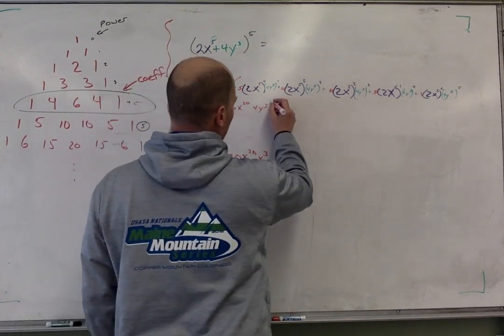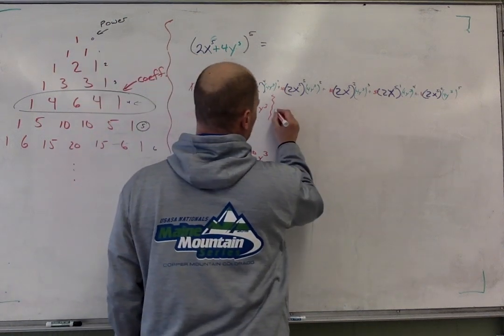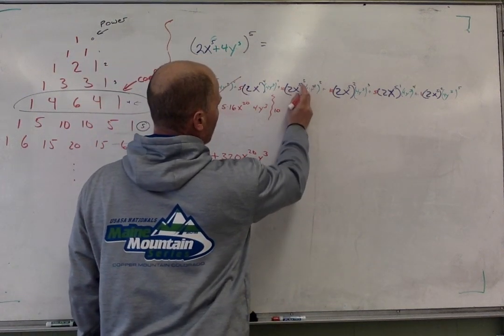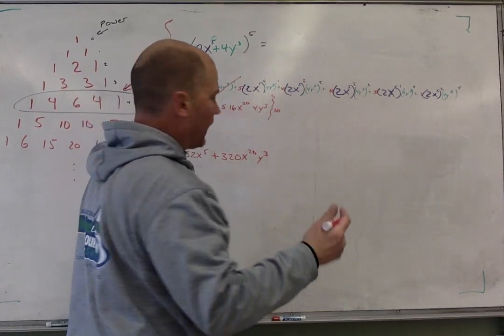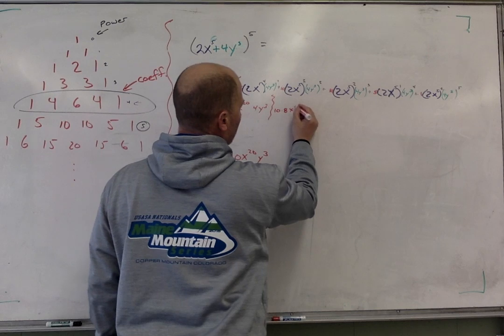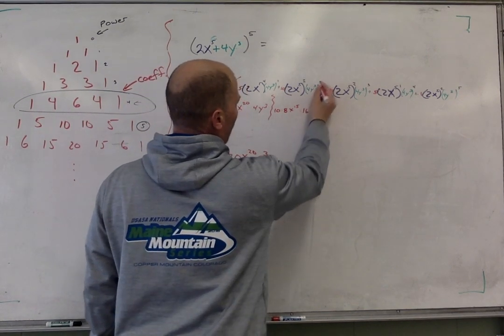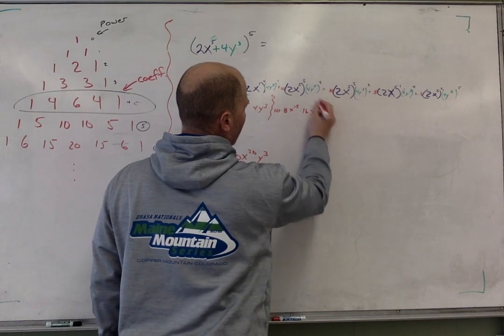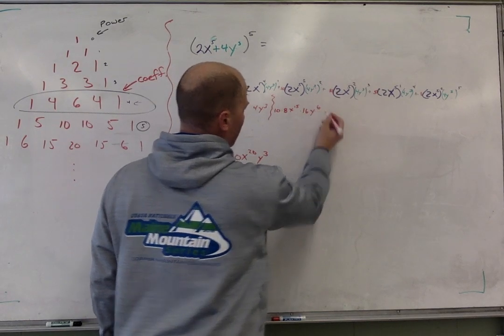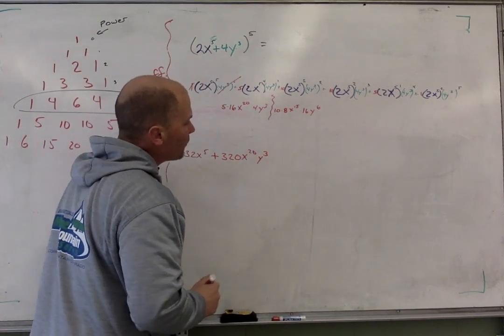Now we're going to work on the next term. I'm going to just put a squiggly to give me some space. 10, 2 cubed. 2, 4, 8 is 8. x, we multiply them, to the 15th. 4 squared is 16. Y cubed squared, these get multiplied, so it becomes y to the 6th. So now I got to multiply all of these together.